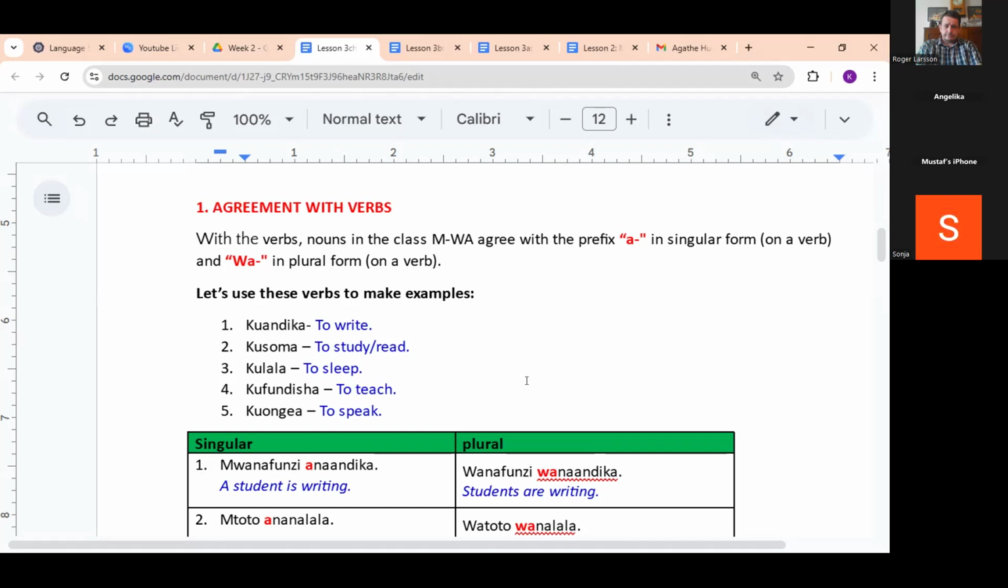Sawa. Let's see. The verbs in the M-Wa class take a in singular form, as we said earlier, and wa in plural form with these nouns.